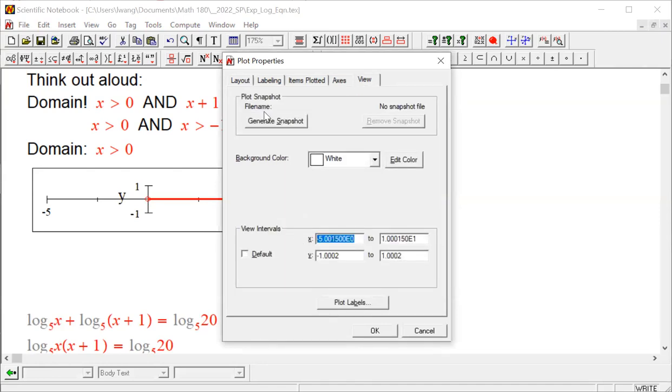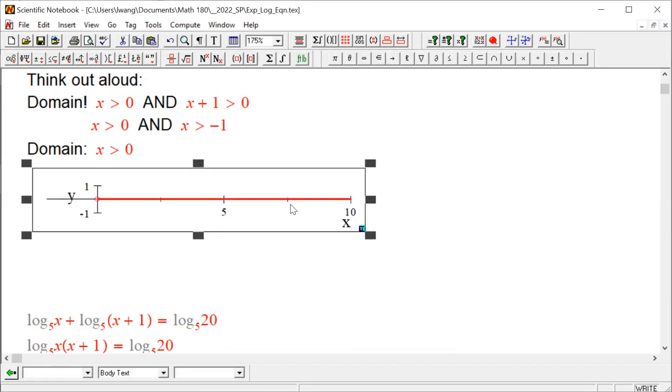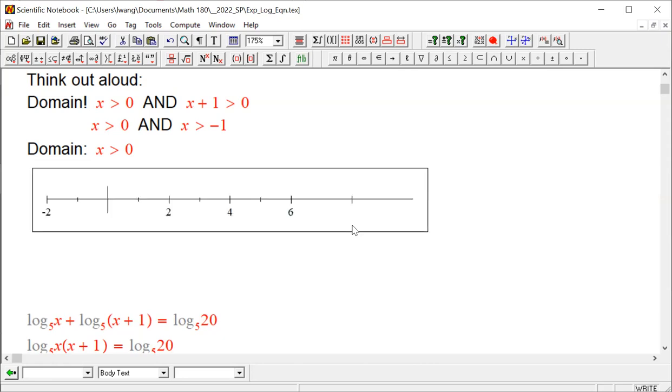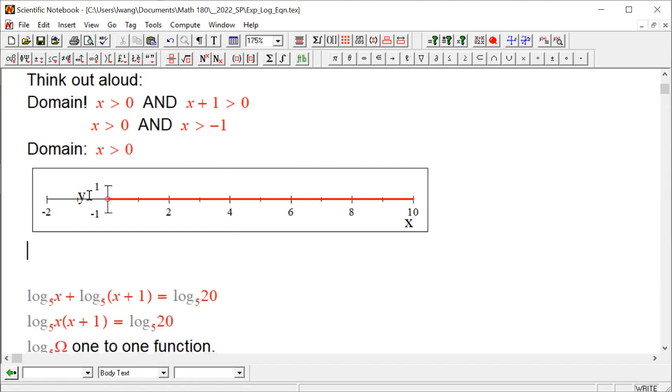Let me write it from -2 here. From -1, that's just not going to make it, because larger than -1 is not enough. It has to be larger than 0. Both conditions must be satisfied. So this domain requirement must be satisfied.